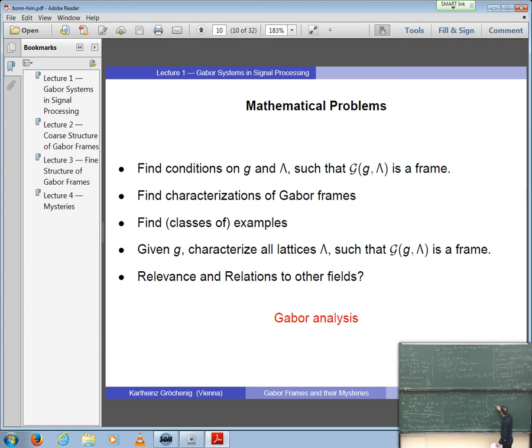Then we have the inner product of the short time Fourier transform of f with respect to g, with the short time Fourier transform of h with respect to gamma. These are two functions of 2d variables, so in L2 of R^2d.